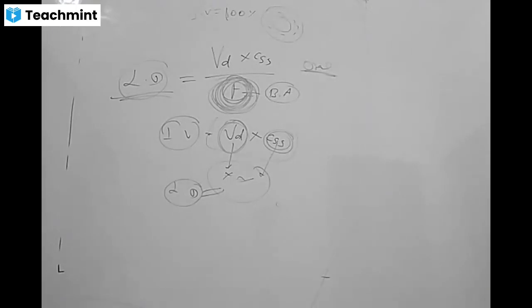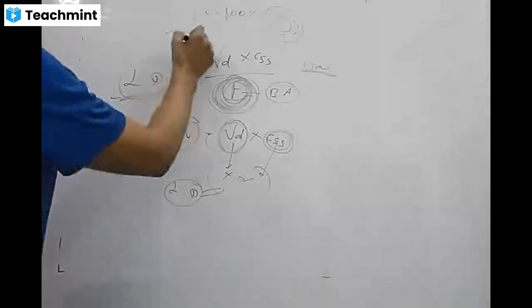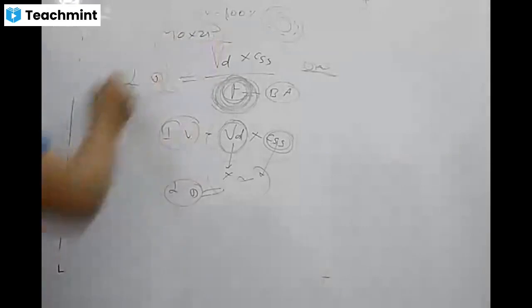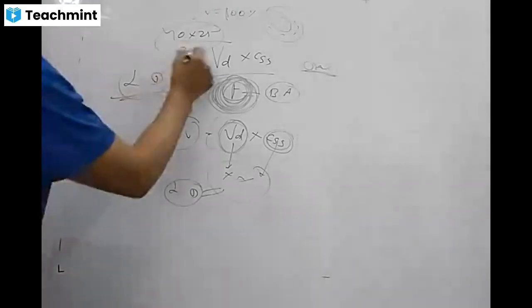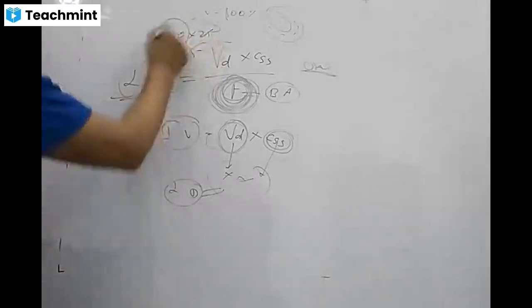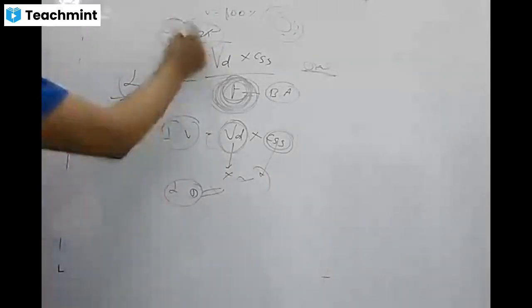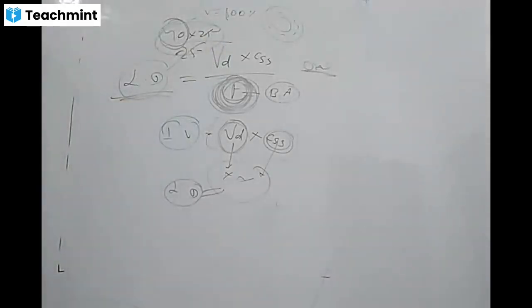It was given that VD is 400 liter, so you multiply 400 into 25 mg steady state, then divide by 0.25 to make this a clear number. You will get 40 mg. So it was simply a formula-based MCQ.